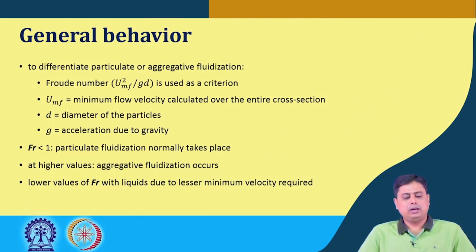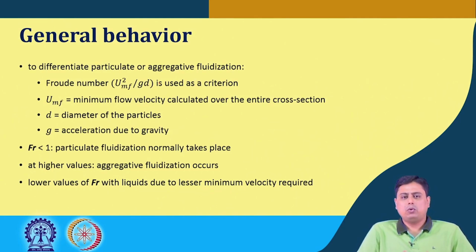So, if this Froude number is lesser than 1, typically particulate fluidization takes place, and at higher values aggregative fluidization occurs. Now, why this is formed and when this is formed can nowadays be predicted.